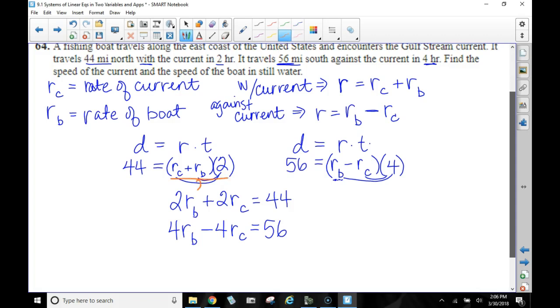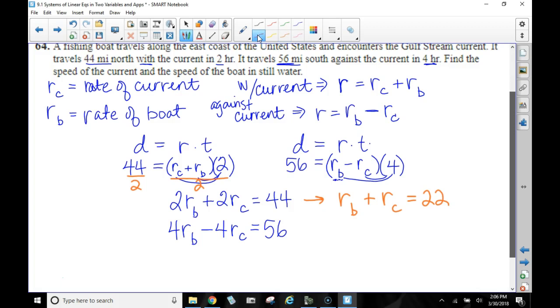We should have probably just divided both sides by 2. When we divide everything through by 2, we'll have rate of the boat plus rate of the current equals 22. Okay, there we go. That's a lot easier. Hey, and 56 is divisible by 4 here.